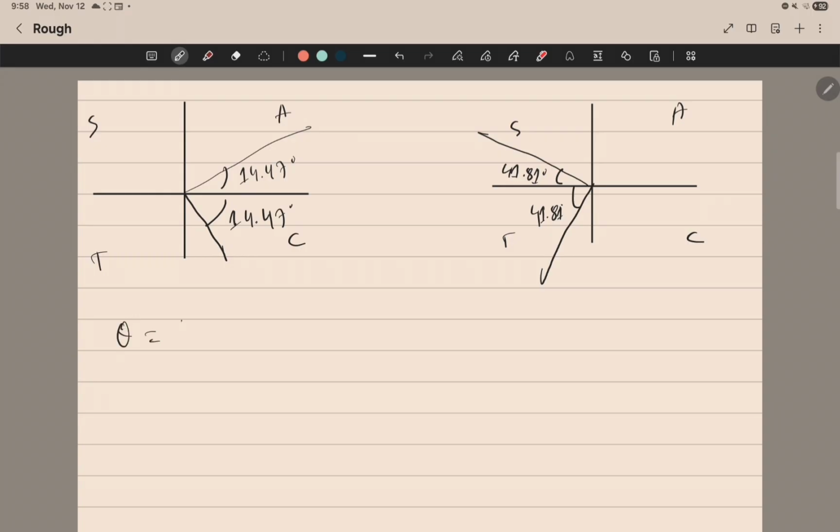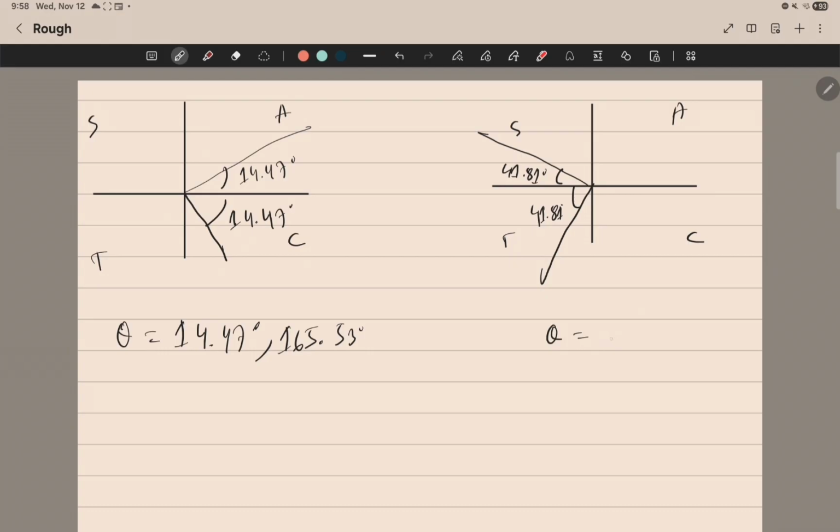So theta, 14.47 degrees. 165.53 degrees. Here, theta is not 41.81 degrees, it is 180 minus 41.81 degrees, since this is 180.